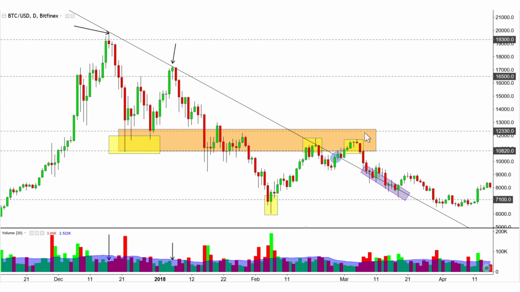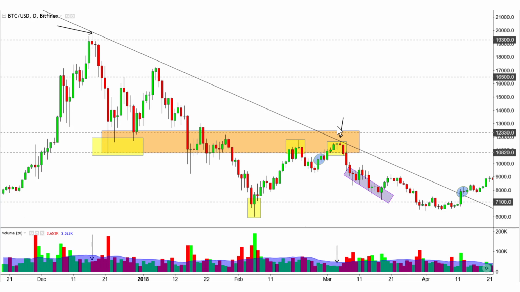And even though the trend line has been breached, it still has influence, as seen by the highlighted purple area as the market slides back down to the previous major support. Moving along, the trend line is readjusted to the most recent downswing.